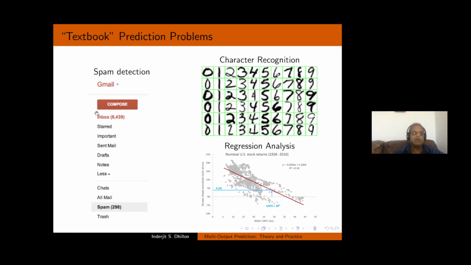And then in classification, we may want to predict whether an email is spam or not. Again, exactly one output variable. Or we have some small number of possible outputs. For example, in digit recognition, we may want to predict whether a digit is 0 through 9. So in this case, the size of the output space is 10.